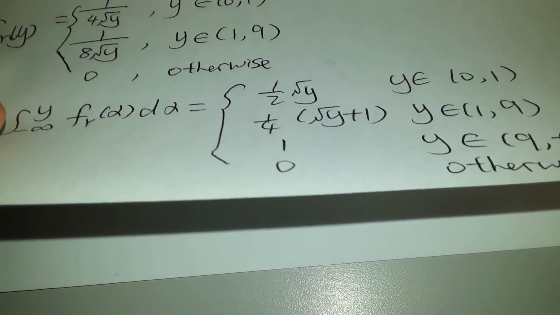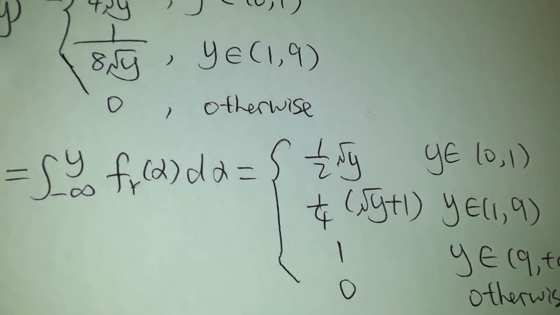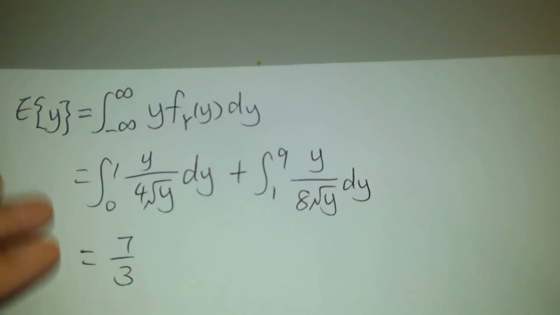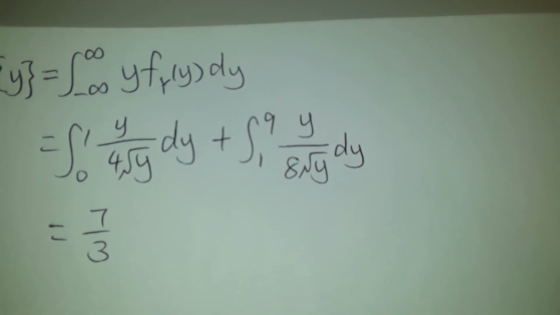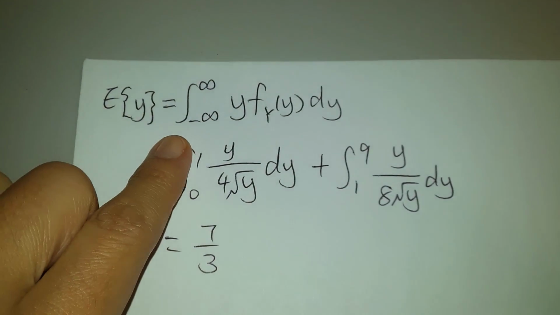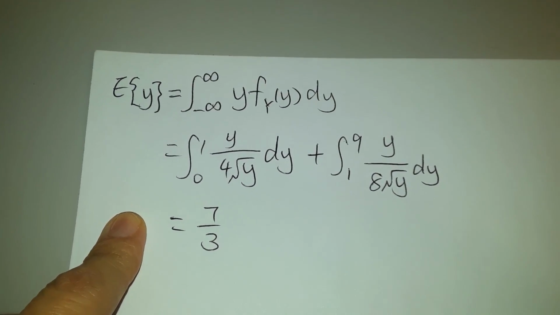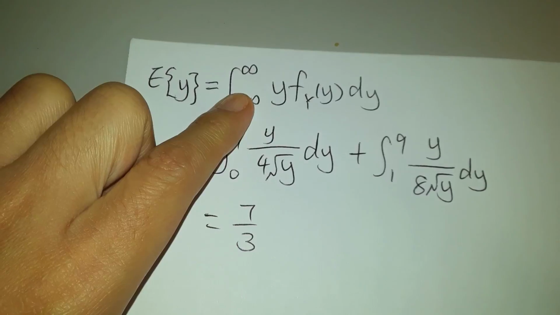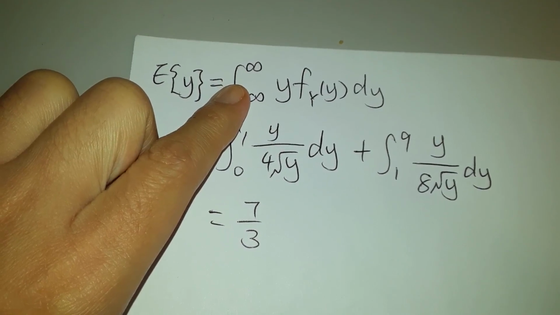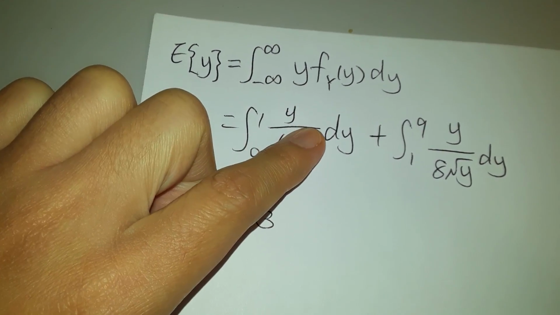After we found the distribution function of y, we need to think about the expectation of y. Actually, the expectation of y should be in the form like this: the integral from minus infinity to positive infinity of y times the density function of y, dy.